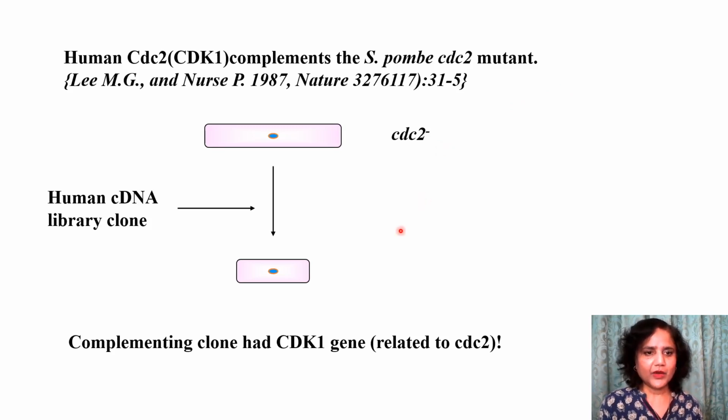And they also found that the complementing clone had the coding sequence for the human CDC2 or CDK1 homologue. So this establishes that the structure and function of CDK is conserved in humans as well, and highlights the significance of studies done using model organisms.